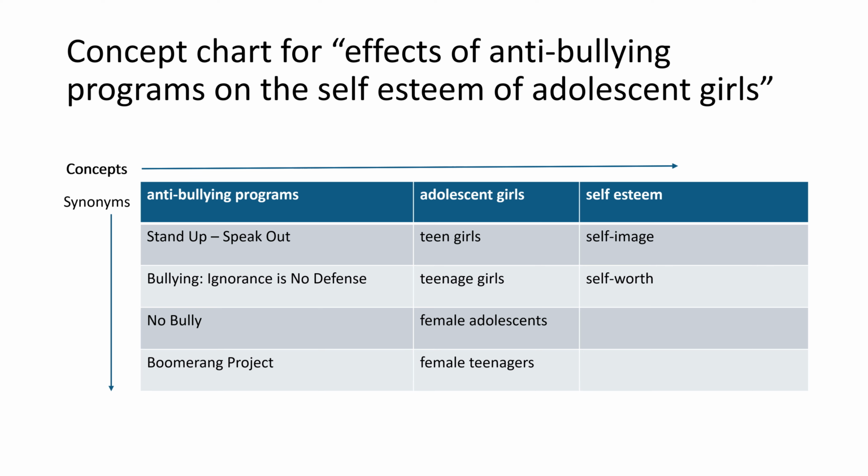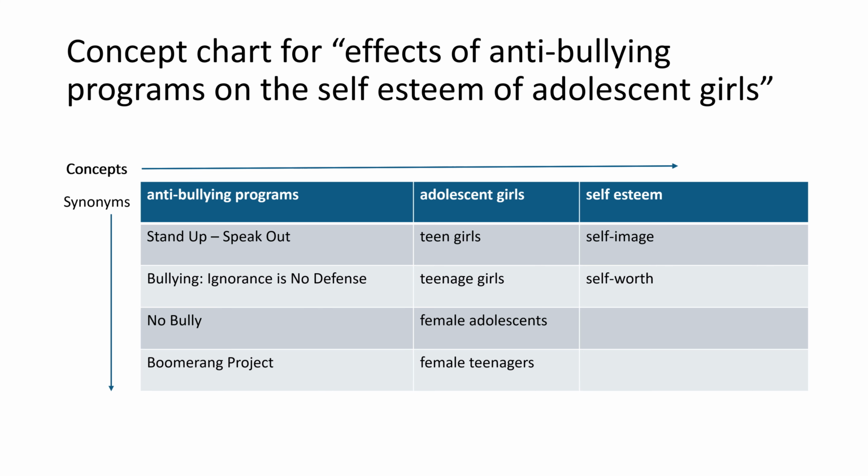Here's an example of a concept chart for the research topic, Effects of Anti-Bullying Programs on the Self-Esteem of Adolescent Girls. Notice that there are three columns for the three concepts: anti-bullying programs, adolescent girls, and self-esteem. Under anti-bullying programs, the synonyms and related terms are just a list of specific anti-bullying programs.